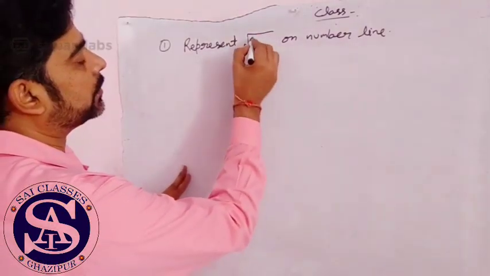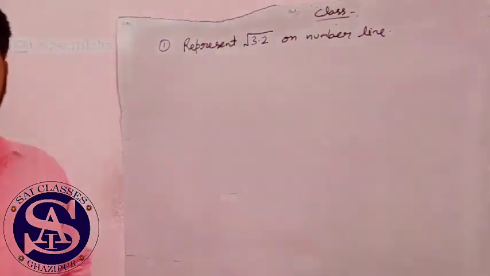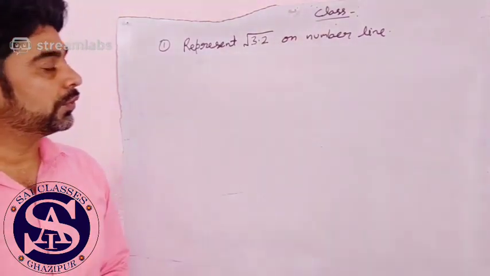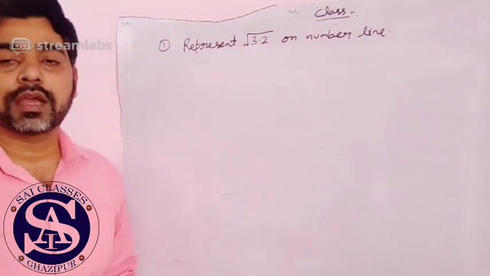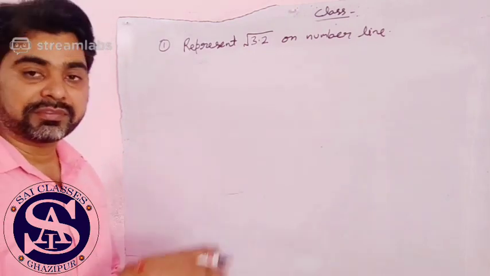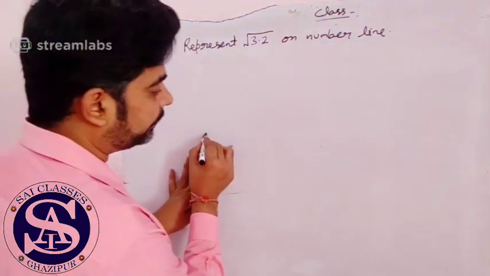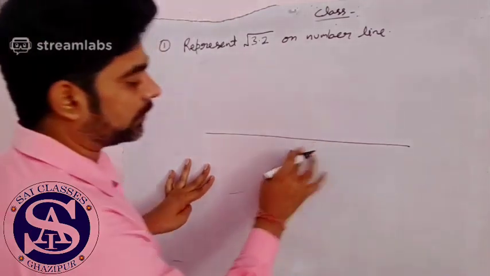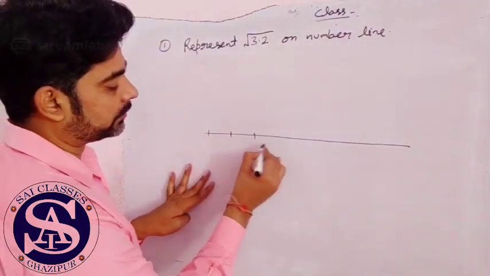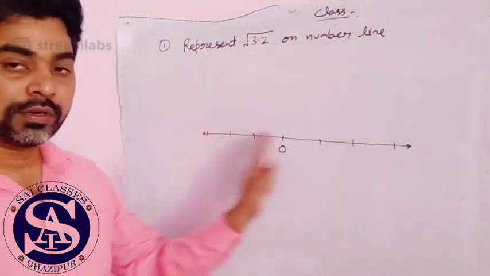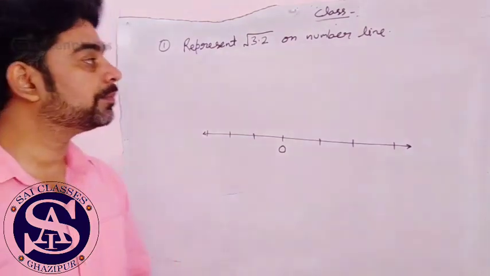Suppose a number 3.2 on the number line, right? To do this, we'll repeat the same method as we did in the previous question. First of all, we'll draw a number line. The point O is the origin of the number line.